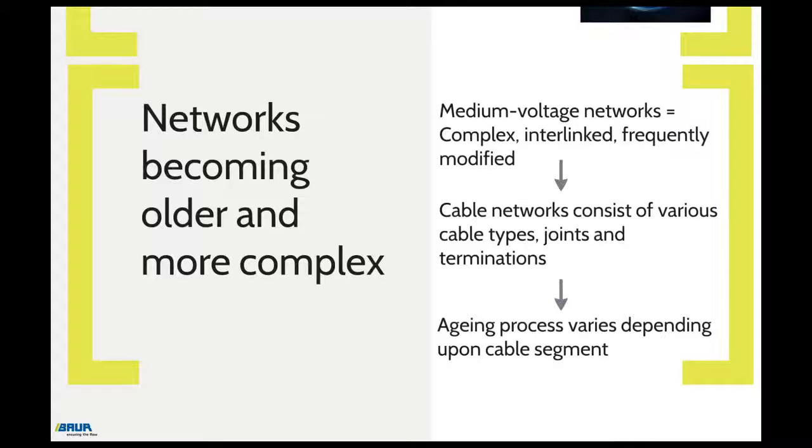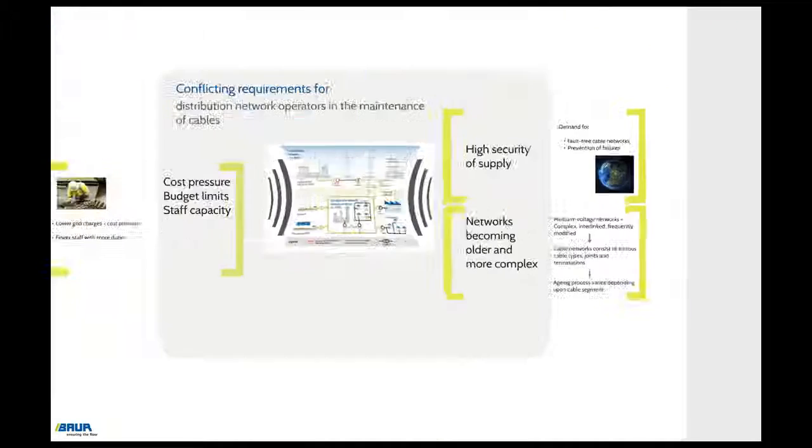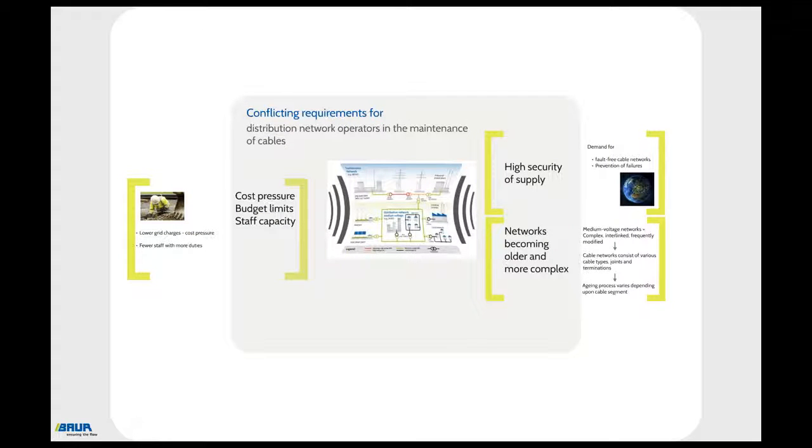This leads to cable routes that incorporate a wide range of cable types, joints, and terminations. It also leads to different degrees of aging depending on the cable segments in question. These conflicting requirements can be resolved using condition-based maintenance. The data for this is supplied by cable diagnostics.